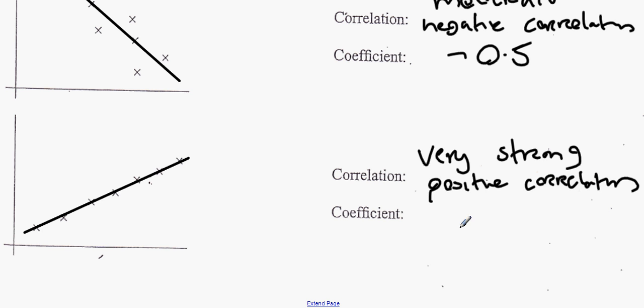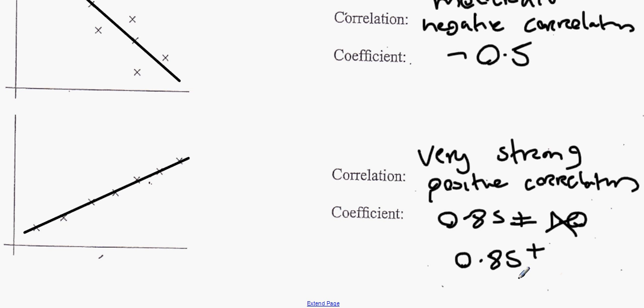I reckon that would be 0.85 upwards, right? So 0.85 to 1. It's almost perfect. Okay, it wouldn't be 1, but it'd be 0.85 upwards. Okay, 0.85 plus, in around that ballpark, in around that area. Okay, and that is the end of this revision video.